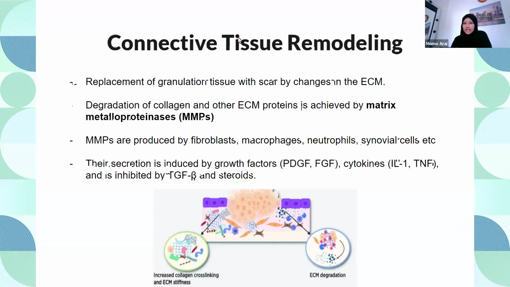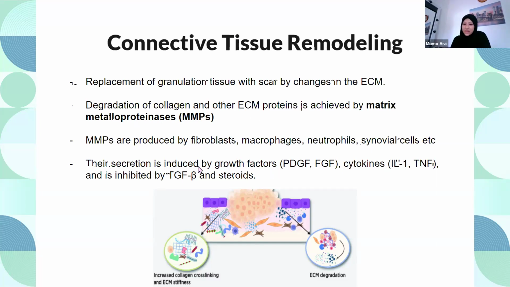The important thing here is that the enzymes that help replace the granulation tissue are called matrix metalloproteinases, MMPs. So these are enzymes that break down the granulation tissue and replace it with a stronger scar, or collagen, on top. Collagen is produced by fibroblasts and all of these different types of cells.